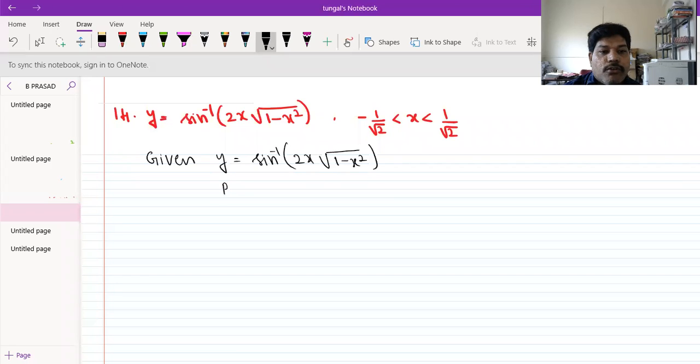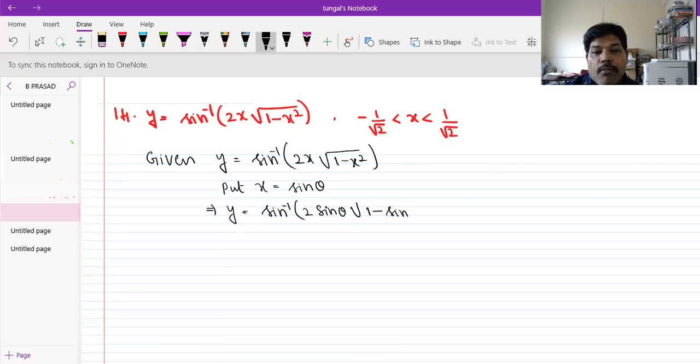Put x is equal to tan theta or sine theta, not the tan. I will take x is equal to sine theta. What happens, students? So that implies y is equal to sine inverse of 2 sine theta into root of 1 minus sine square theta.